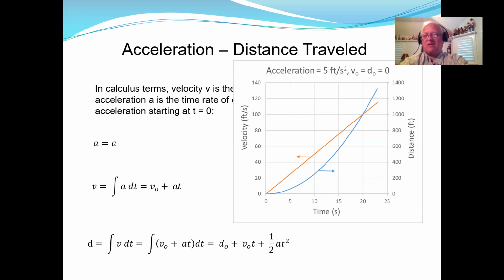Whereas when the velocity increases, say up here at 20, 25 seconds, where the velocity is much higher over that same 1 second interval, I'm going to cover a lot more distance because I'm moving faster. So the slope would increase on the distance plot, and that's exactly what we see here. So for constant accelerations, the velocity increases linearly, the distance increases parabolically.